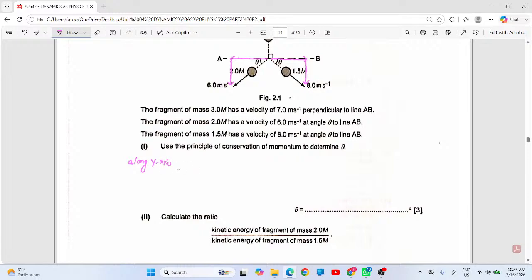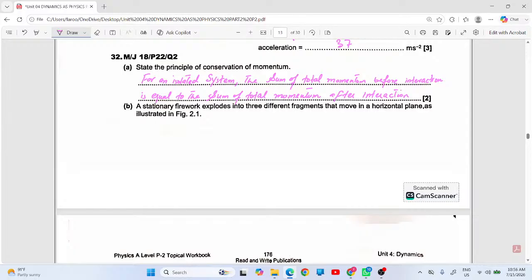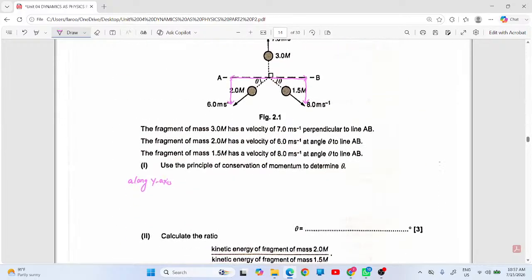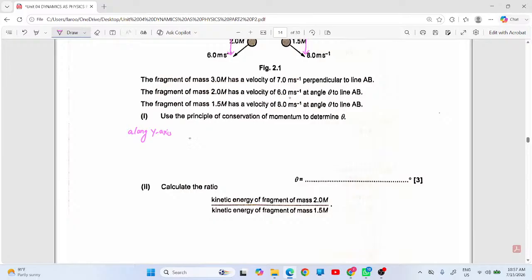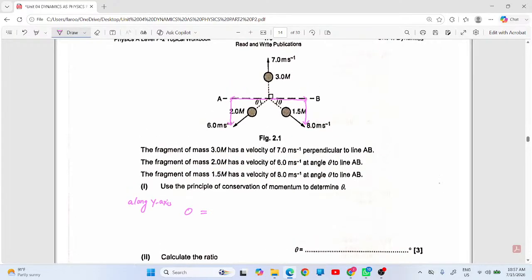So we will write the momentum before collision. Initially, these three things are at rest, a stationary firework. Now after the explosion, the momentum of the first one is m multiplied by 7.